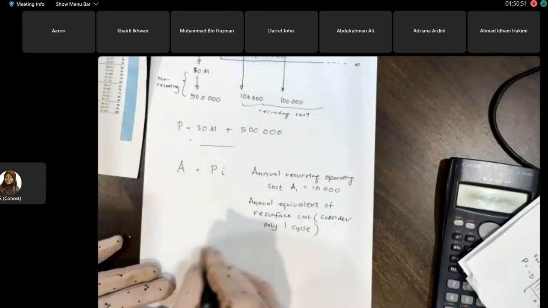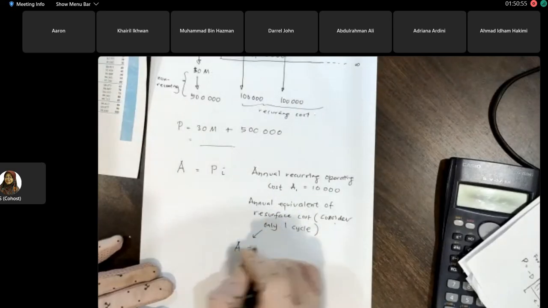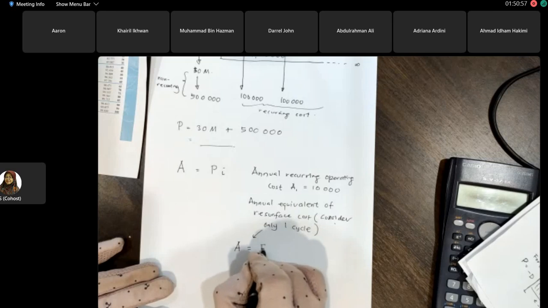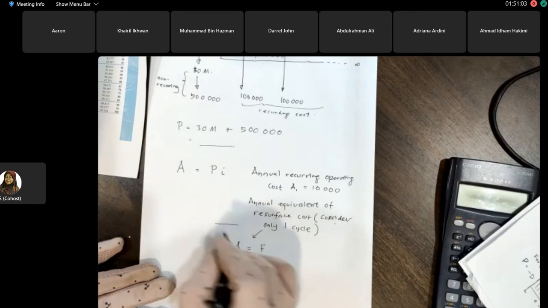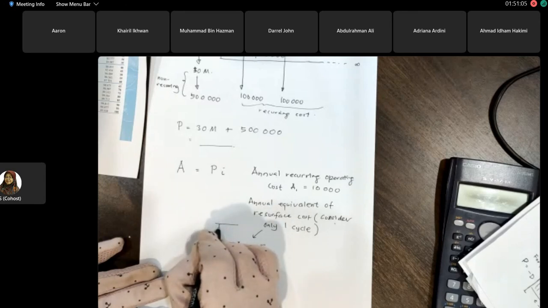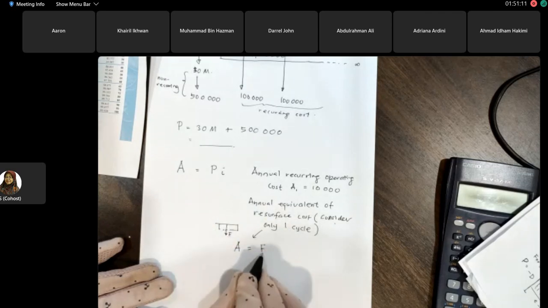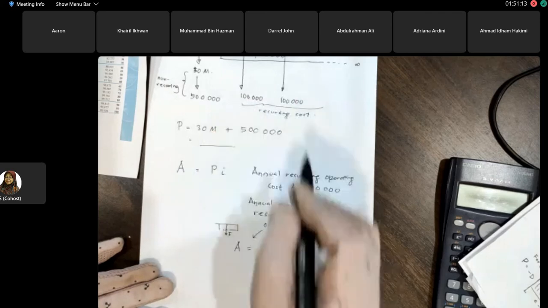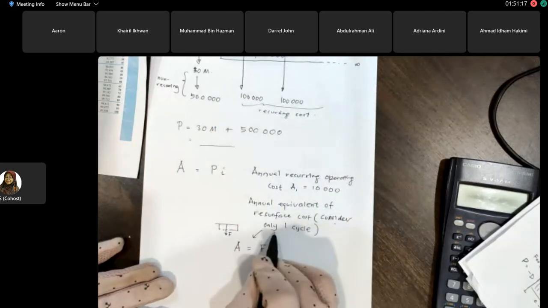So that means here A equal to, here you have F, because you want to convert it to A, but you have the F value. So A equal to F, because this is F. It says annual equivalent of resurface cost, you have to consider only one cycle.